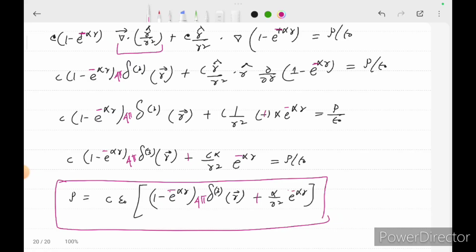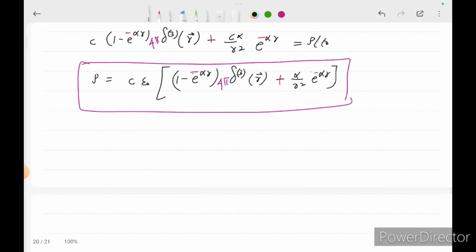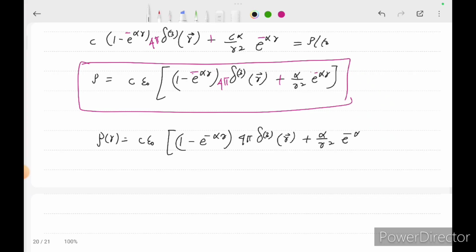Finally we get the total charge density rho of r equals C epsilon naught (1 minus e to the power alpha r) [4 pi delta cube r plus alpha upon r square e to the power minus alpha r].